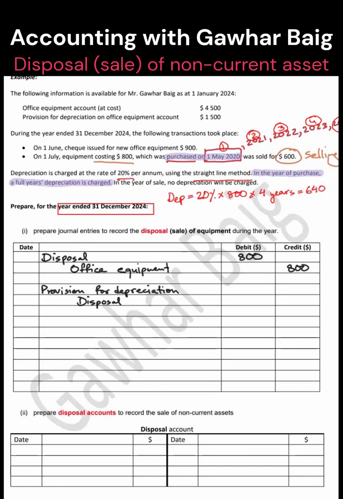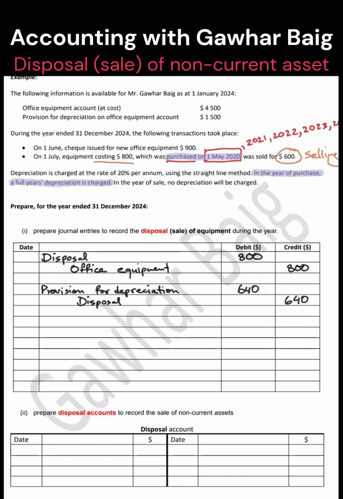Now let's record this amount within our journal entry. 640 to be debited in the provision for depreciation and 640 to be credited to the disposal account.